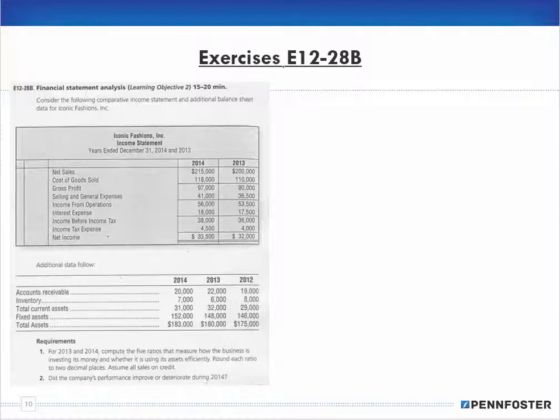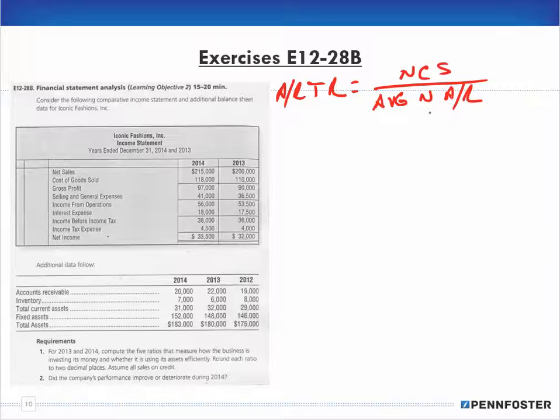So let's begin with the accounts receivable turnover ratio. The accounts receivable turnover ratio is equal to the net credit sales over the average net accounts receivable. So I need 2013 and 2014.